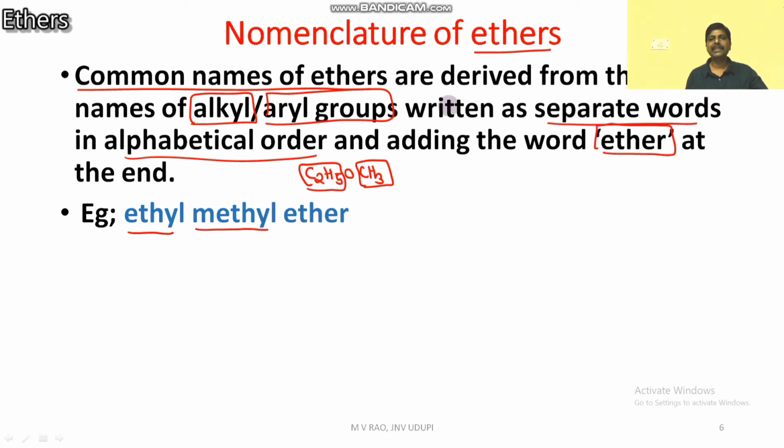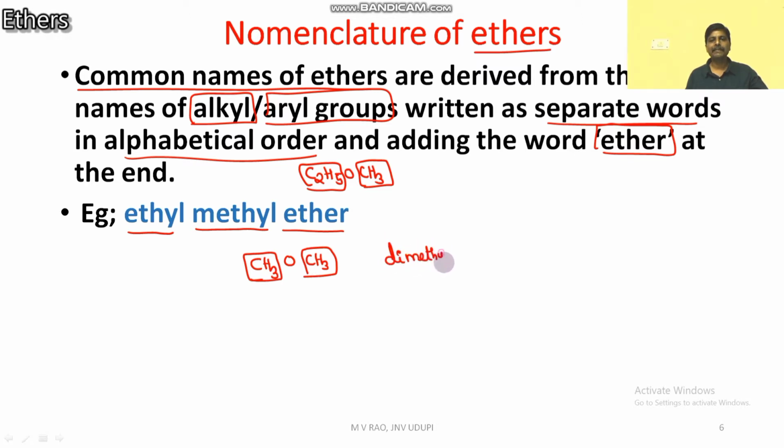Name ends with ether. Ethyl methyl ether. You can take one more, CH3OCH3. This is methyl, this one also methyl. So two methyls are there.